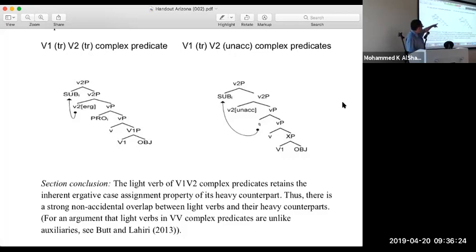And then the structure on the right here is the one with the unaccusative light verbs. So the structures are parallel. They look very similar, except that I'm suggesting here that what is involved with the light verbs that are unaccusative are raising structures. So you get raising from this position.